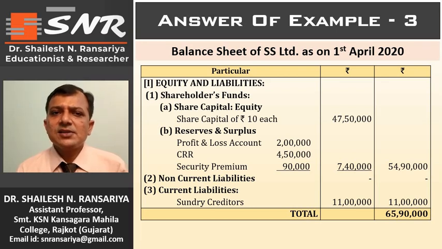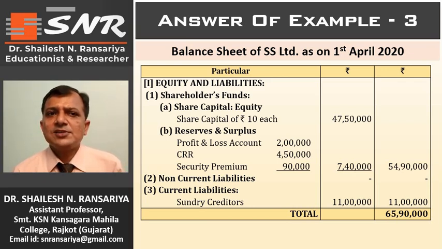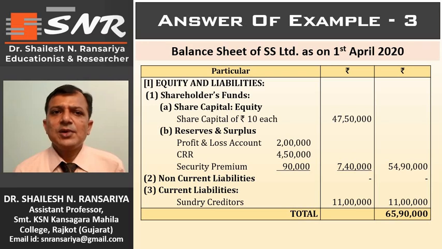In the balance sheet, equity share capital plus issue of new shares. So new shares issued by the company, rupees 7,50,000. So old balance sheet value plus new value. So it is total in the new balance sheet share capital rupees 47,50,000.